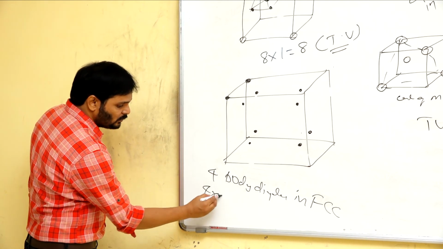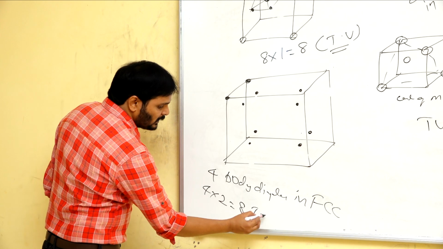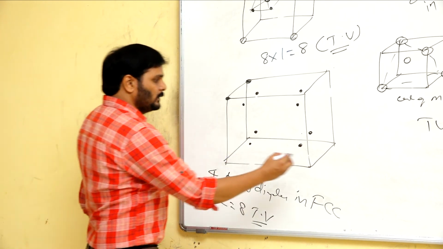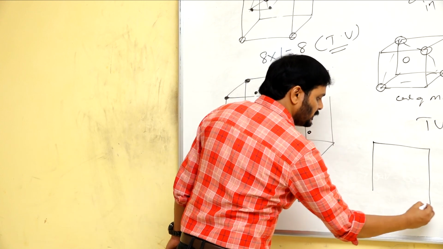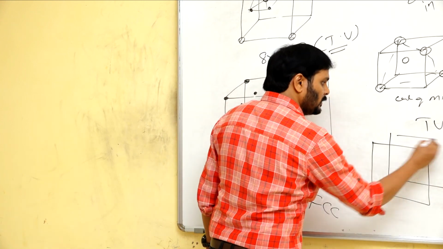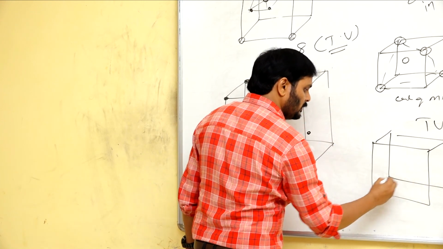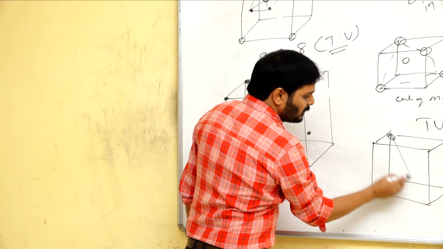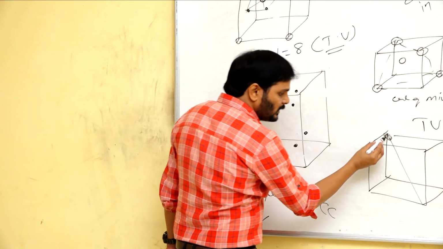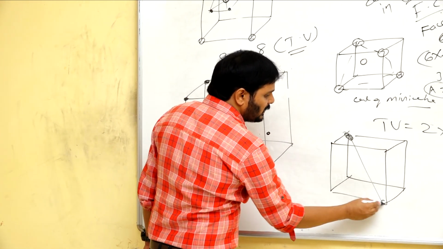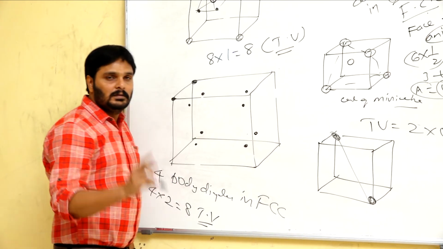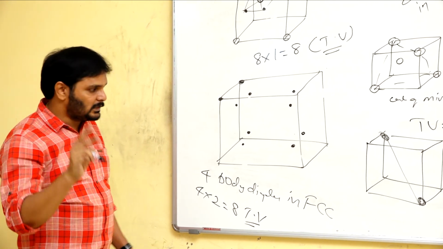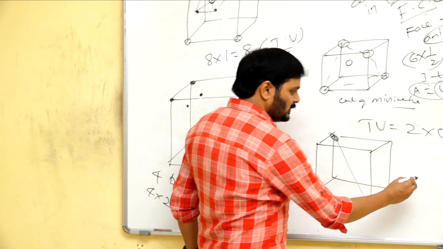So 4 into 2 equals 8 tetrahedral voids. I can draw it now. This is the body diagonal. In this body diagonal, this is a corner and this is a corner. So each body diagonal, how many do you have? 2 tetrahedral voids.